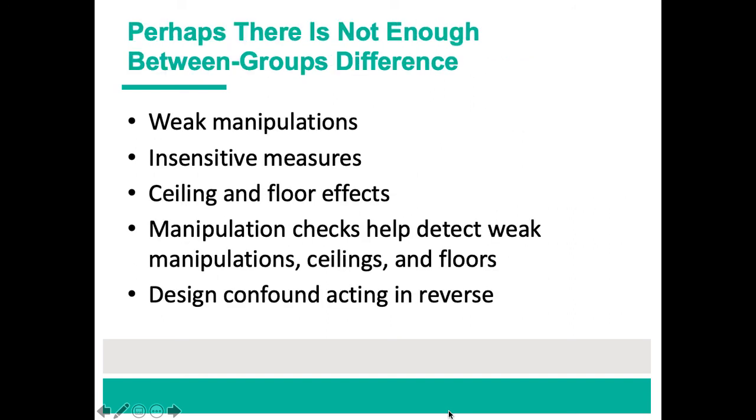Anyways, beyond that, manipulations need to be very strong. So we need to revisit those things to make our between group differences as big as possible. We can also look to our measures to see if longer scales or more accurate scales can pick up differences, especially in those dependent variables of interest.